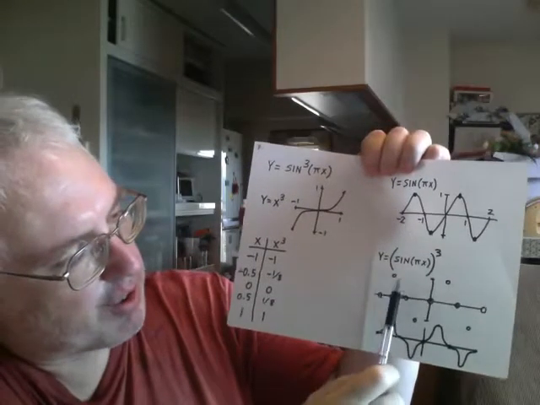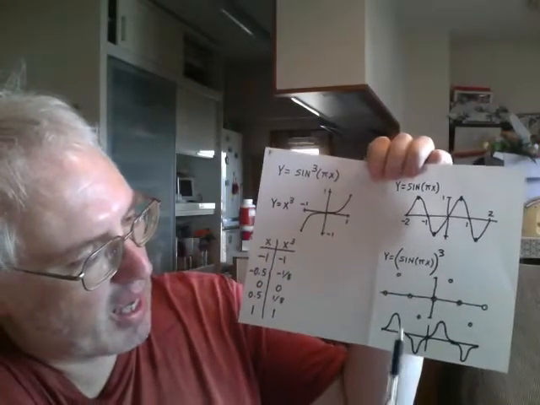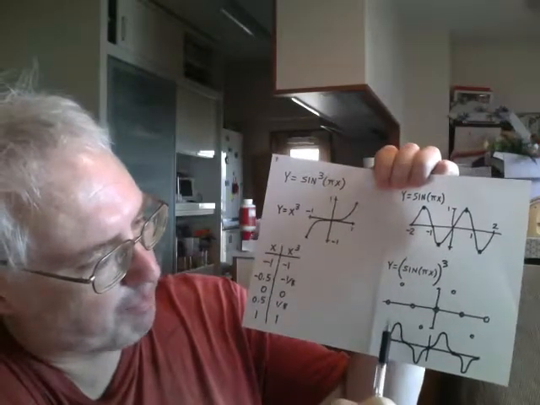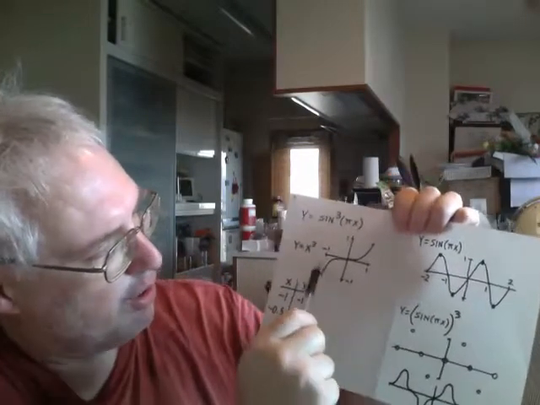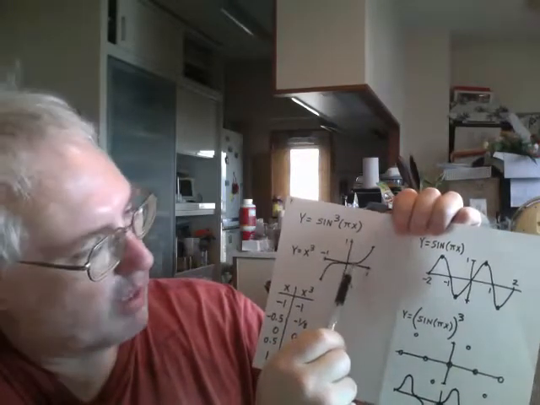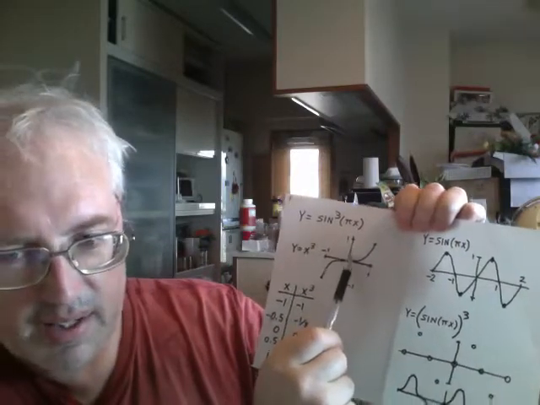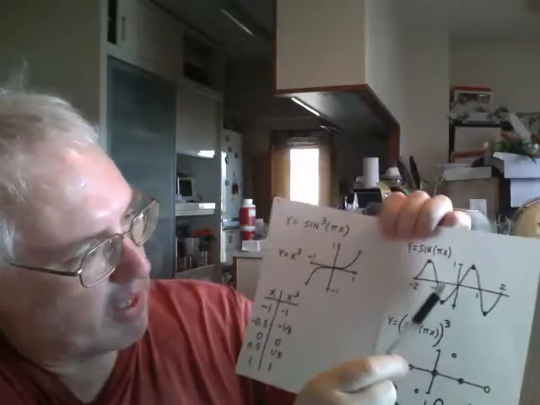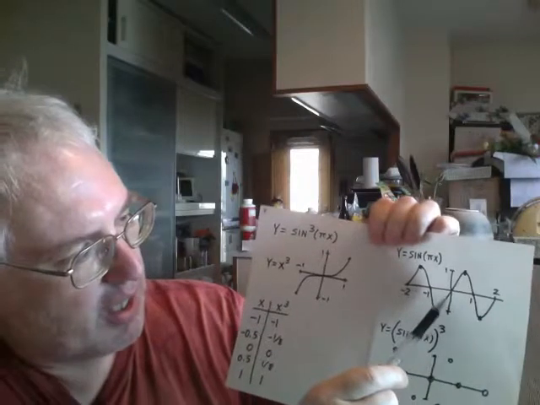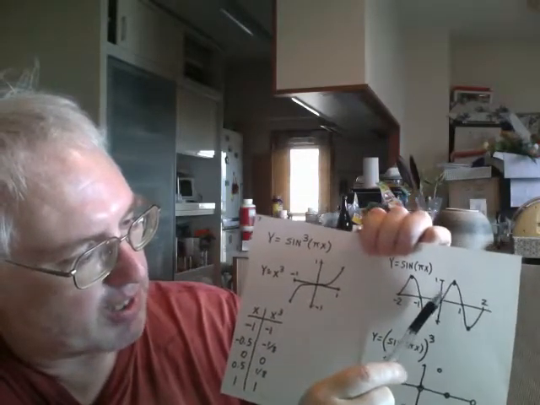So I drew circles for these unchanging points, and in between, it's going to level out momentarily when it crosses the x-axis. The regular sine function crosses the x-axis in more or less a straight line.